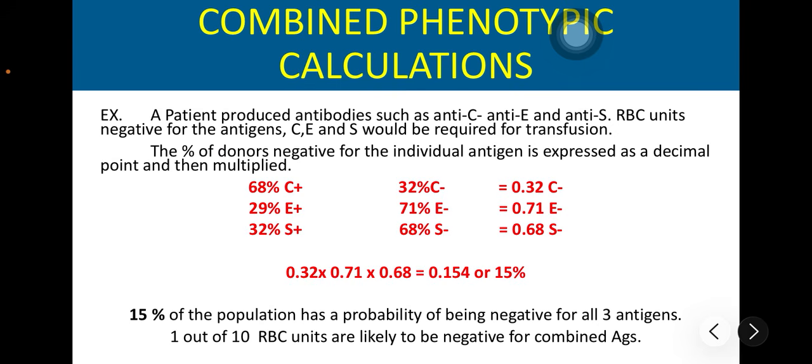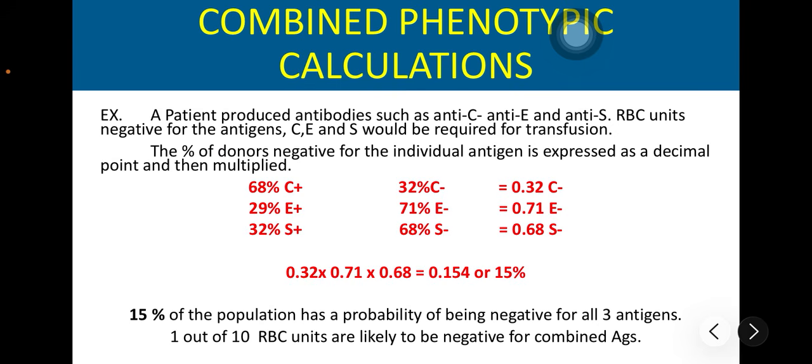The patient has antibodies, so the red cell that you will donate should not have the big C, big E, and big S antigens. If you gave a red cell that is S positive, it could lead to a hemolytic transfusion reaction.